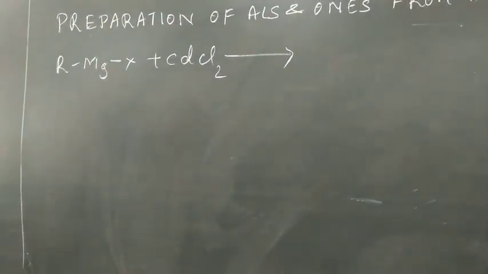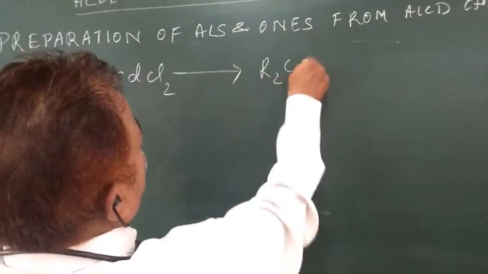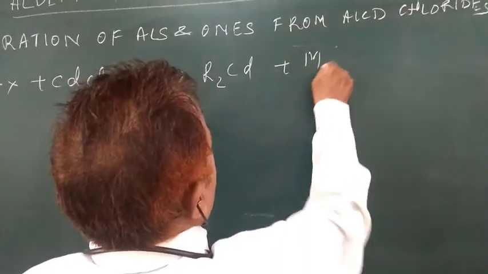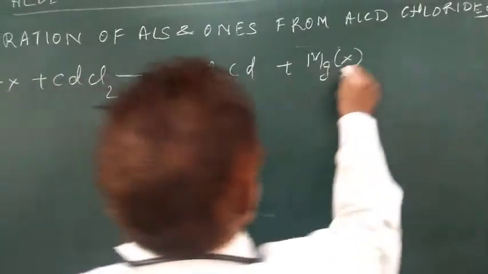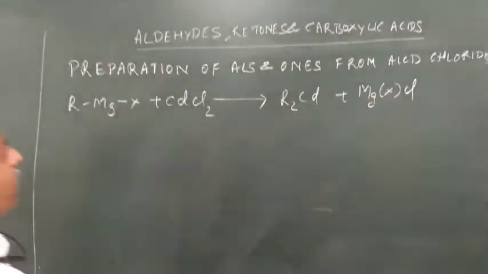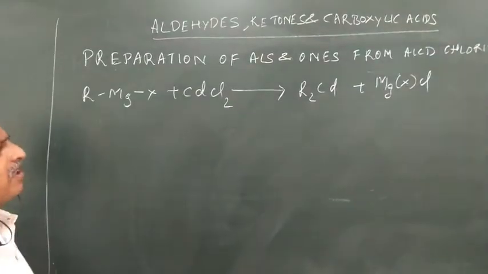Grignard reagents are made to react with cadmium chloride, and we get R2Cd, dialkyl cadmium, plus MgXCl.